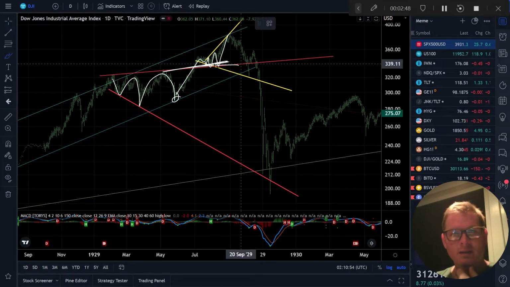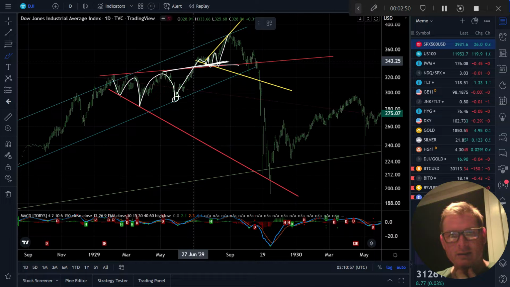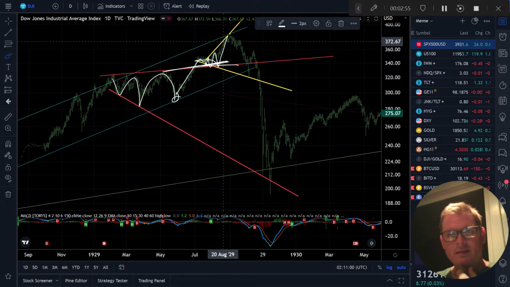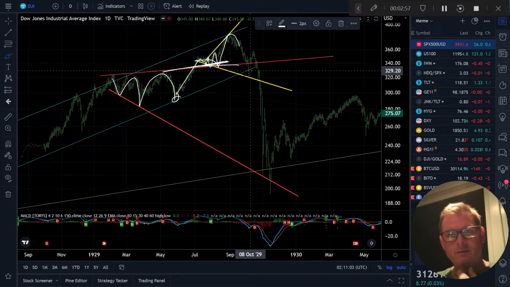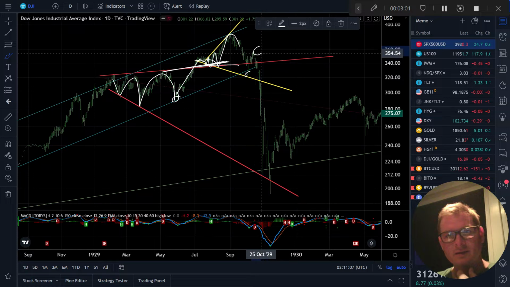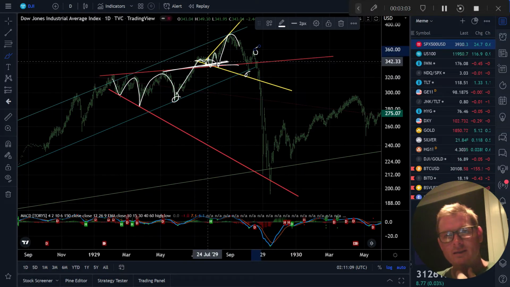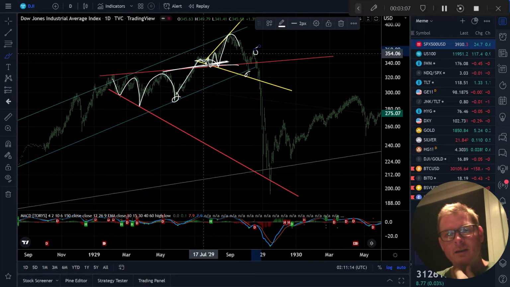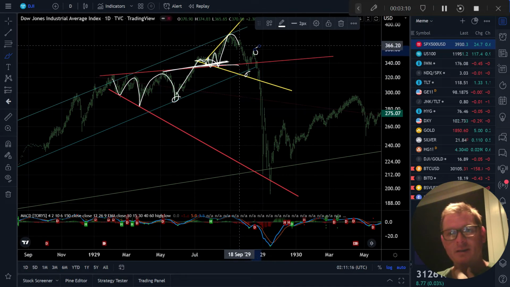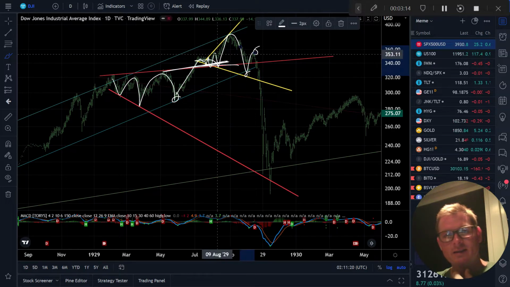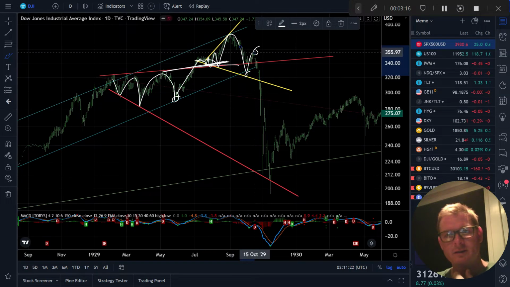If you just look at it, you get this sideways shape and a low, and then you get the top. Then you go lower than the sideways part, then you go higher than the sideways part. That's just the shape that you get. But if you look at it as a cone, it's an expanding cone shape, and then boom, you bounce to this high that's higher than this one, and then you're done.